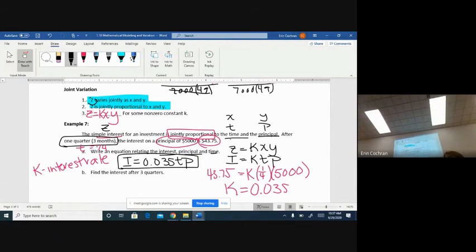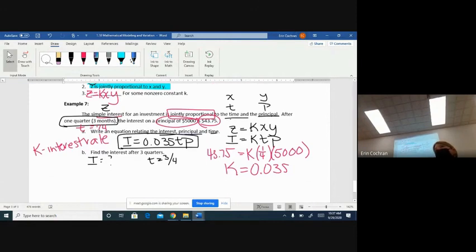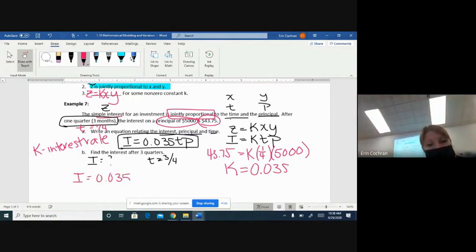Now, can I find my interest after 3/4? 3/4 represents what of a year? 3/4. So can I find I when my T is 3/4? Yeah, because does my principal ever change? No, because my principal is my starting amount. How much did I start in the account? How much was my loan? That never changes. So let's go ahead and plug it in. I equals 0.035 times T. What's my T? 3/4 times my principal, which is 5,000.